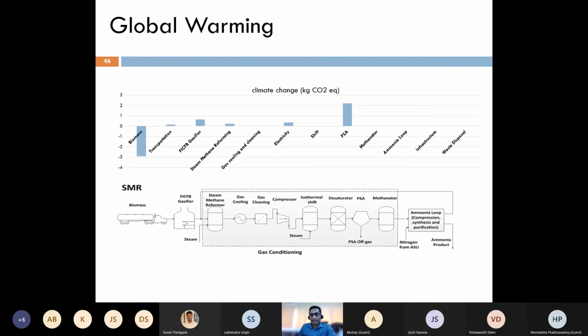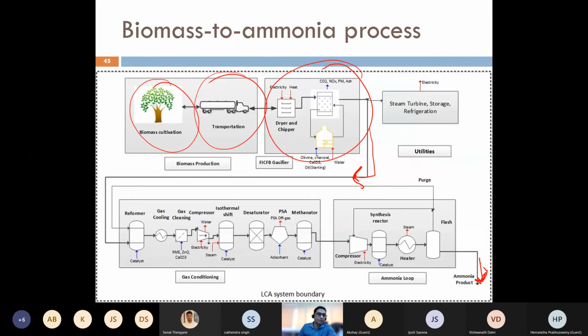Then I did an LCA of the whole thing. The LCA would involve the cultivation, the transportation, the electricity going in, the utilities, and the catalyst. A gasifier would normally involve a bed material like olivine, charcoal, and the output would again be particulate matter and ash. So these are different filters that are involved.